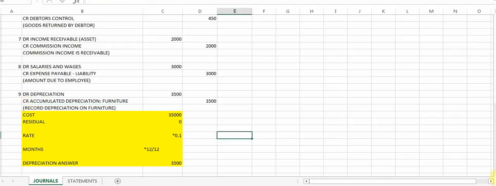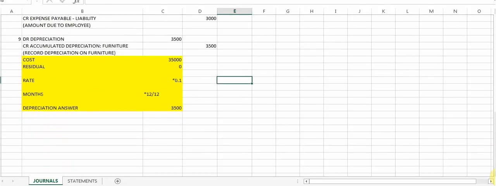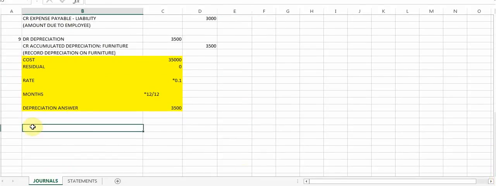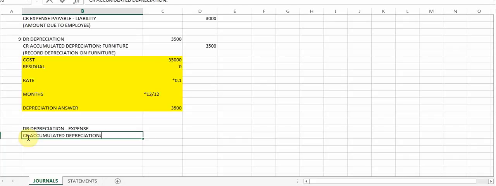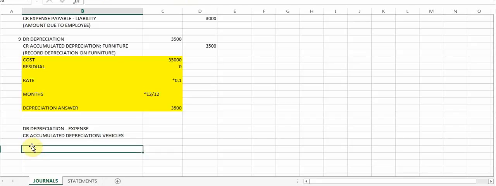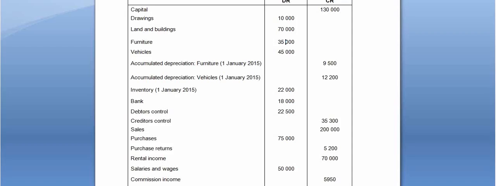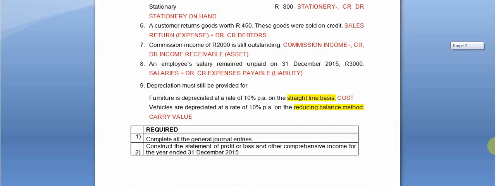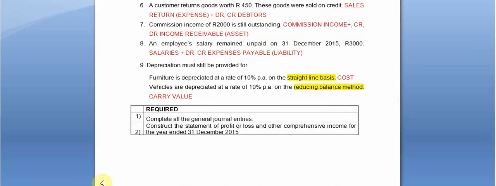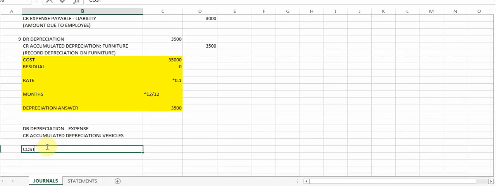Alright, then I also need depreciation on my vehicles. So I'm again going to say debit depreciation. Please note depreciation is an expense account. Then I'm going to say credit accumulated depreciation, but I need to state the specific one that it's for, and this is for vehicles. Then I need to go and do a calculation. They tell me in the question that this should be based on carrying value because it's the reducing balance method. So what is the cost of the vehicles?